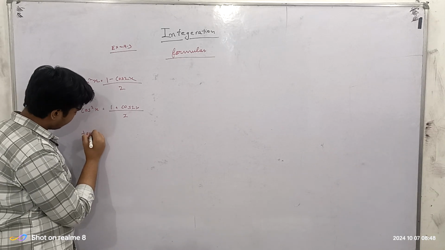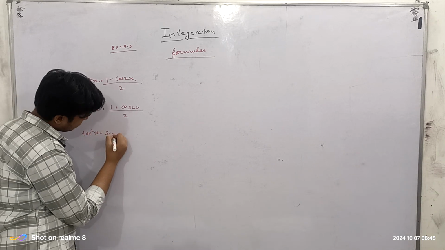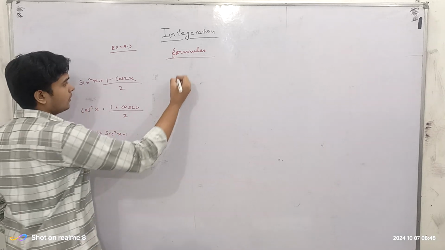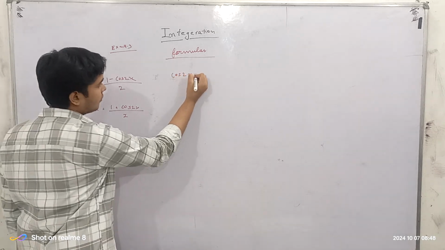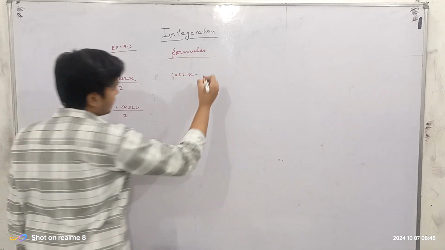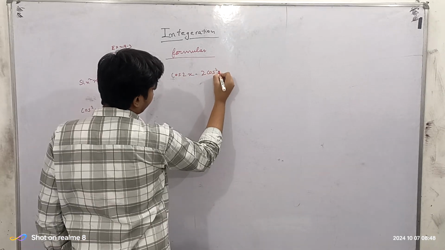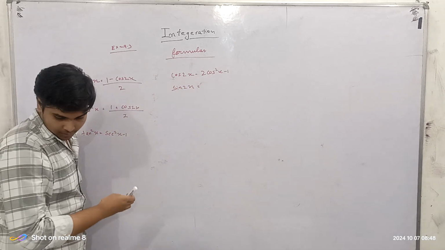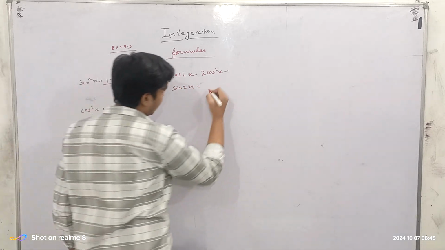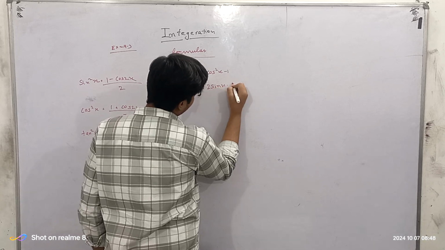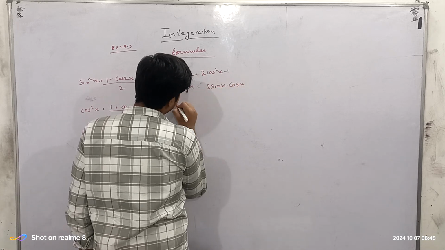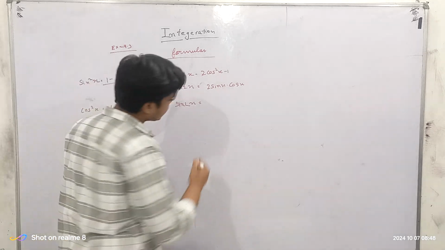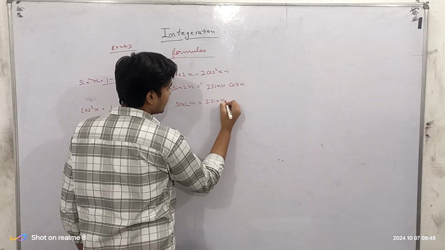Tan square x is equal to sec square x minus 1. Cos 2x is equal to 2 cos square x minus 1. Sin 2x is equal to 2 sin x into cos x.